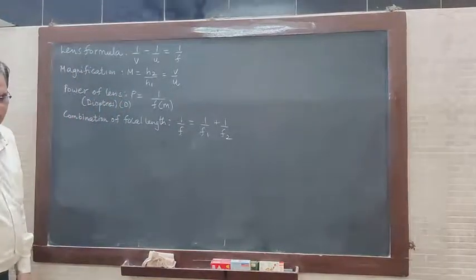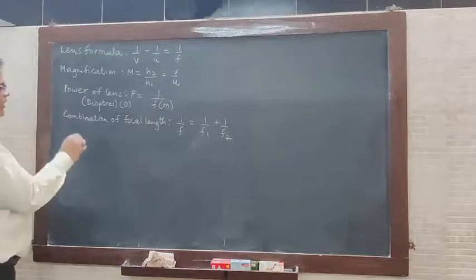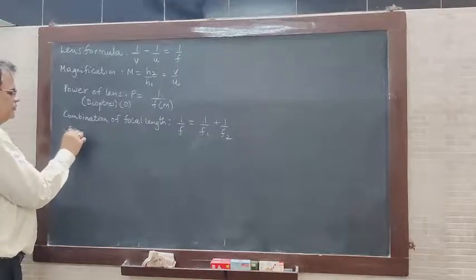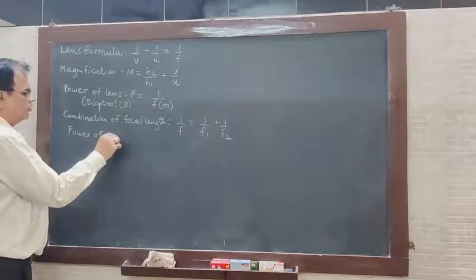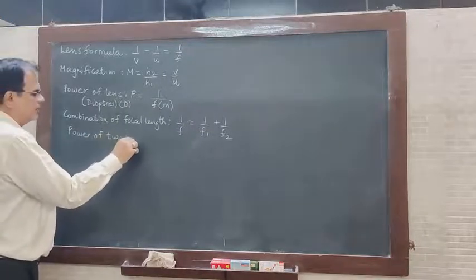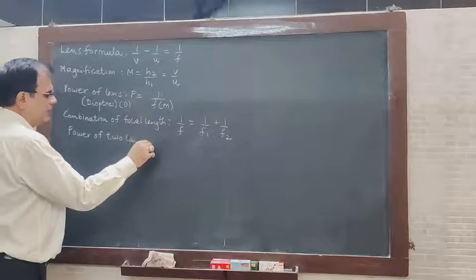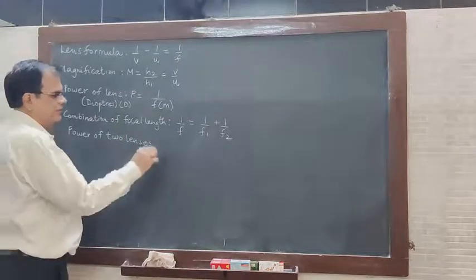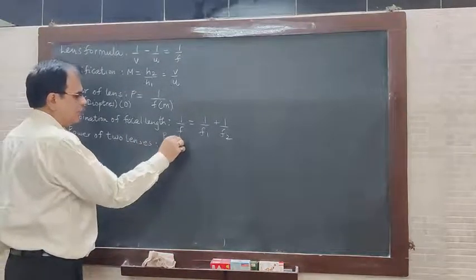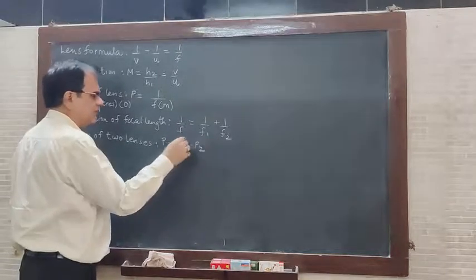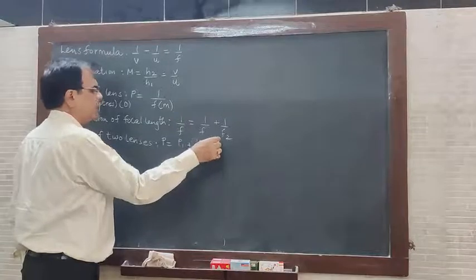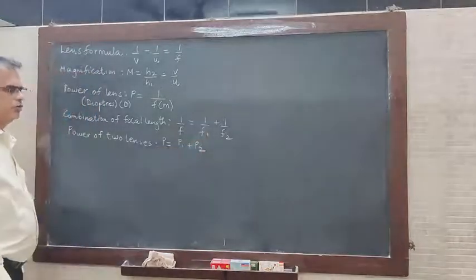In the same way, power combination, or power of two lenses or three lenses: if it is two lenses, P is equal to P1 plus P2. If it is three lenses, P1 plus P2 plus P3, and it goes on.